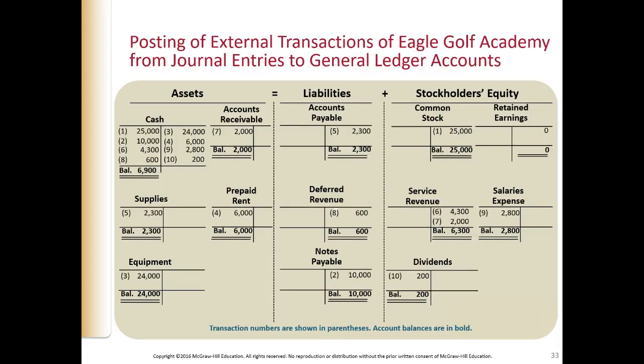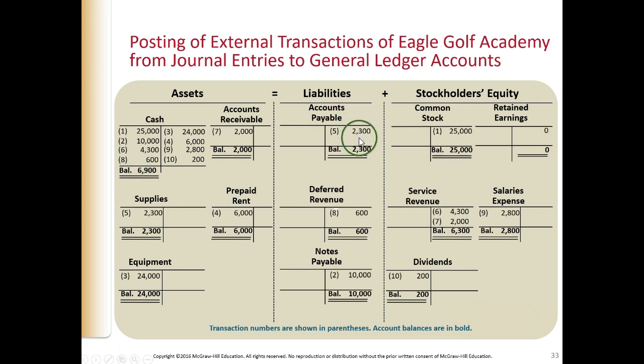After you get through posting, here's what we've done. Again, you can sort of see the T, cash account T. We've recorded all the increases to cash as debits, all the decreases as credits. Now we can summarize these and add up all the debits, subtract all the credits to find out how much cash we have. So this is the ending balance in the cash account.